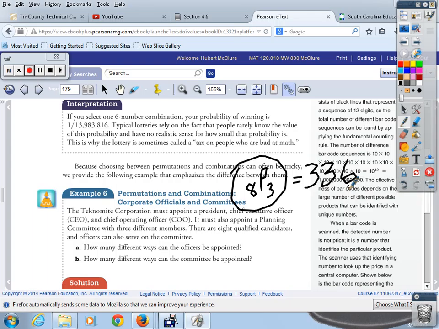Now what about the committee? Well, 8 qualified, and how many are on the committee? A planning committee with 3 different members, so this would be 8 choose 3. Usually they don't use the same numbers. How many is that? 56.